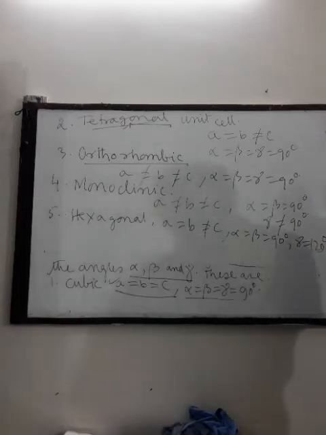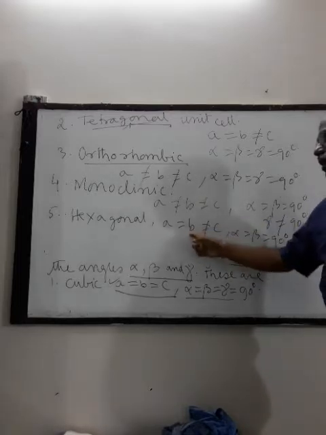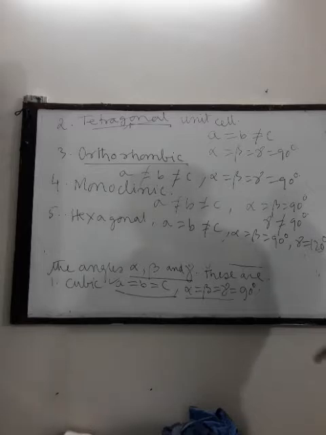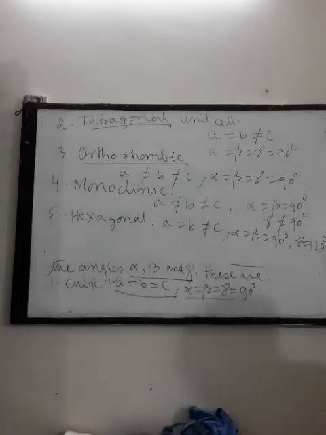So in case of hexagonal, two sides are the same, third side is different, two angles are the same and equal to 90 degree, and third angle is 120 degree. Such unit cell is called hexagonal unit cell.